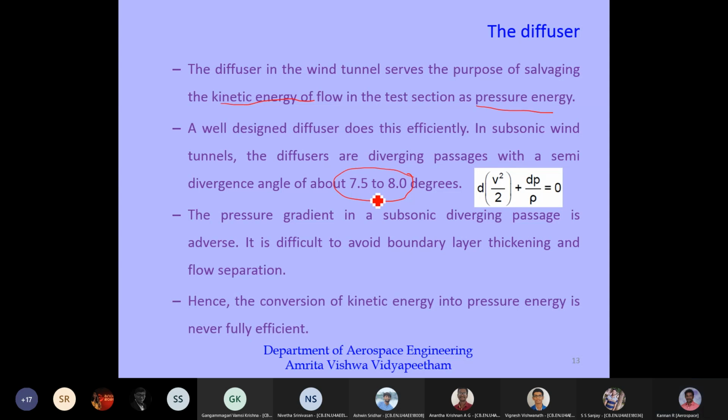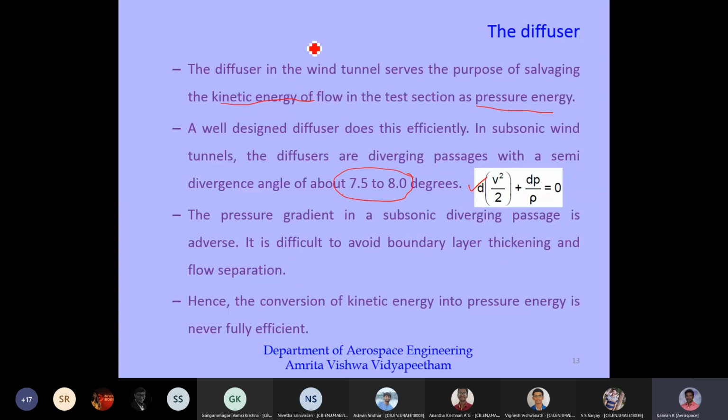Keep in mind that this is Bernoulli's equation. 7.5 to 8 degrees. The pressure gradient in the subsonic diverging passage is adverse and it is difficult to avoid boundary layer thickening and flow separation.